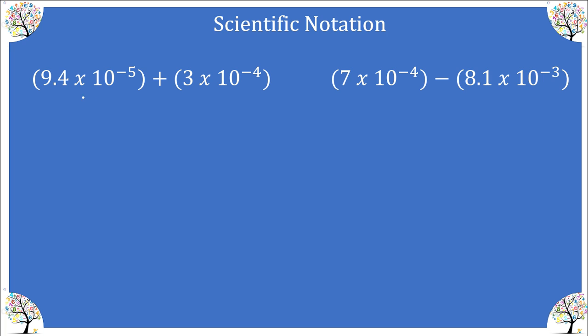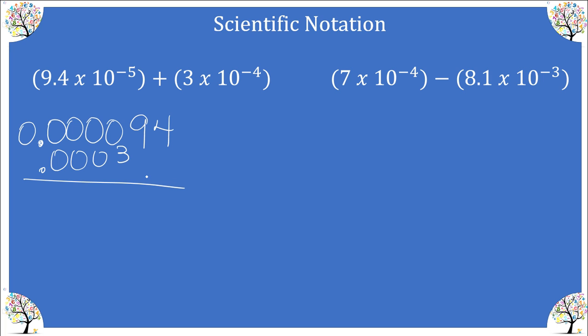Let's do a couple more. So this time we have some very small numbers. And so I have 9.4. I'm going to move the decimal 1, 2, 3, 4, and 5. On this one, again, we're going to line up decimals. So I'm going to move the decimal once and then add 3 zeros in front. And we are adding.